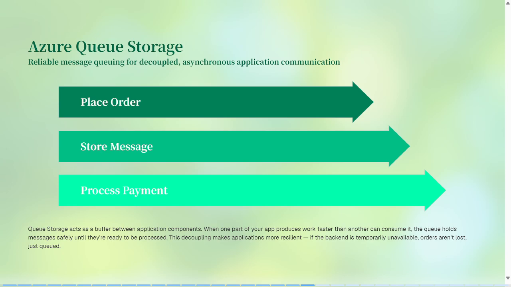Azure Queue Storage. Azure Queue Storage is designed for asynchronous communication, meaning different parts of an application can work independently without waiting for each other. In simple terms, it acts as a buffer or waiting area for messages between systems.